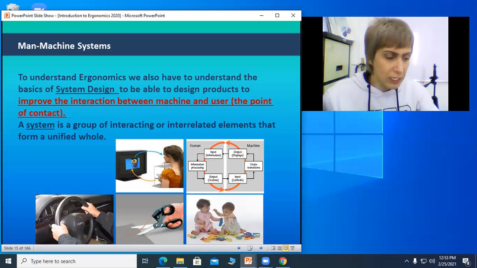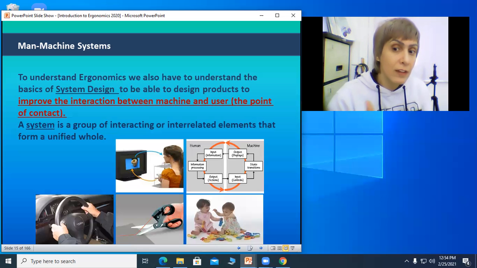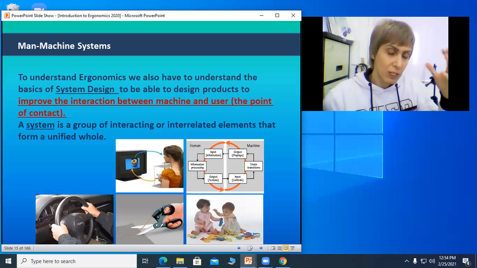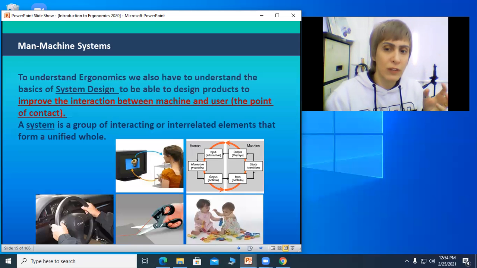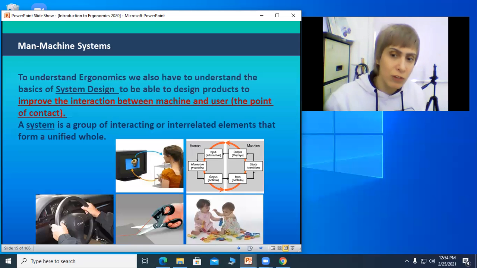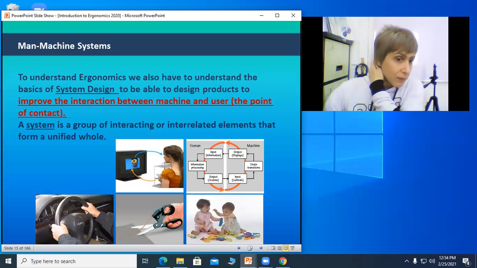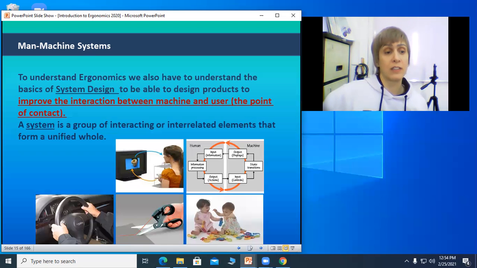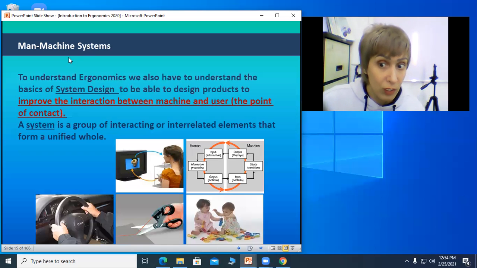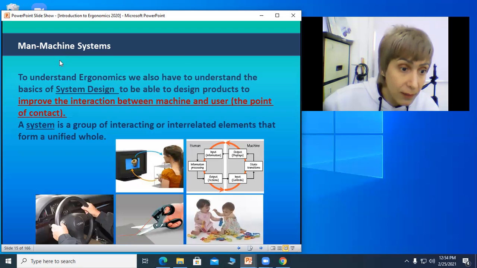So we need to have a clear understanding about what systems are and the different types, and what characteristics are important for the different types of systems, so that we can design products in a successful way.